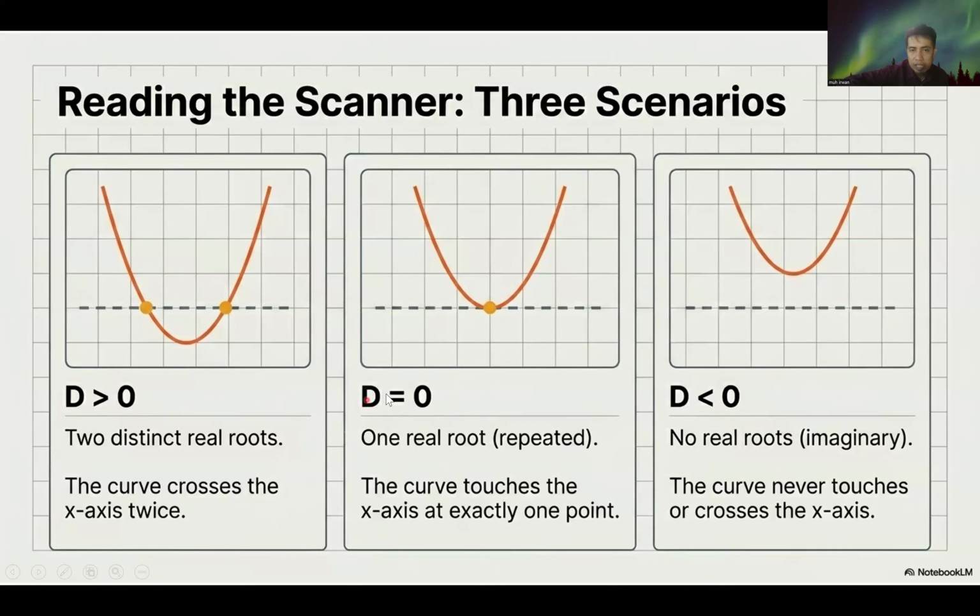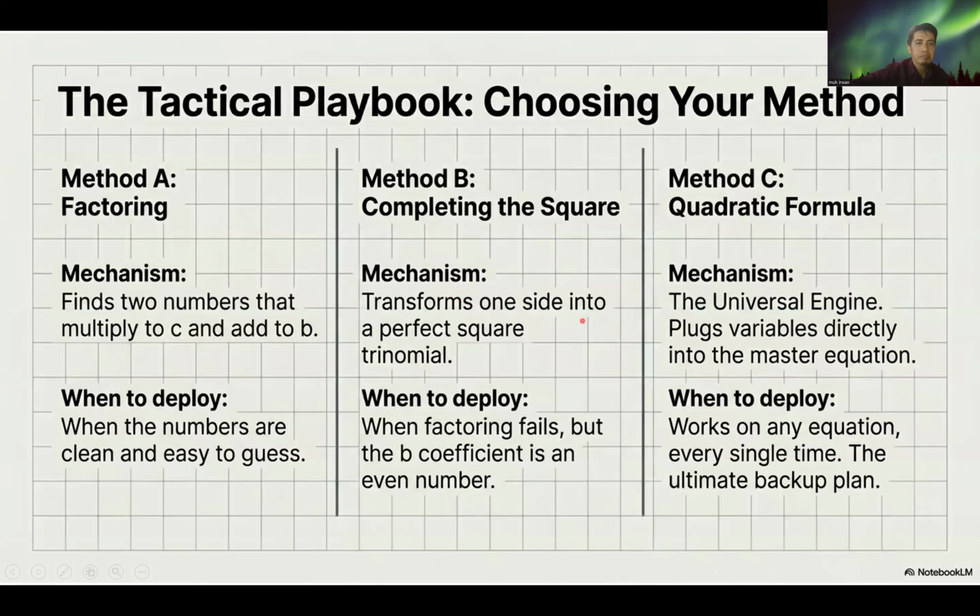If D equals 0, the root is real and repeated. If D is less than 0, the roots are imaginary and the curve never crosses the x-axis.